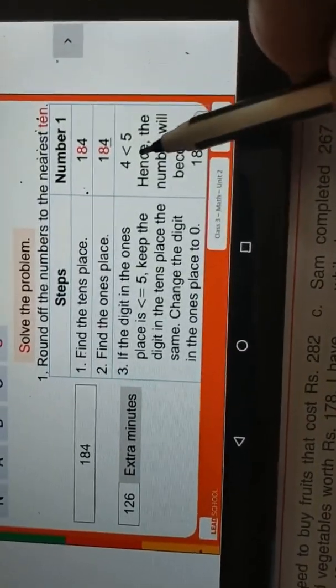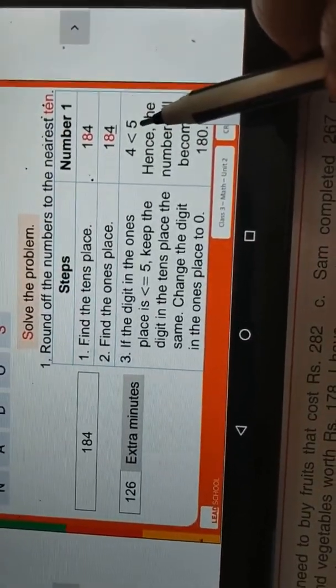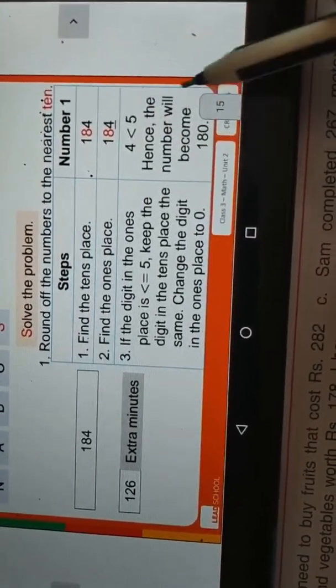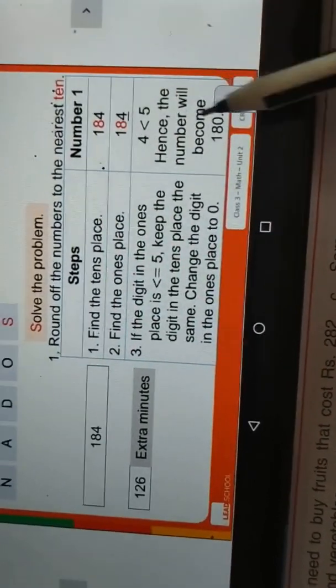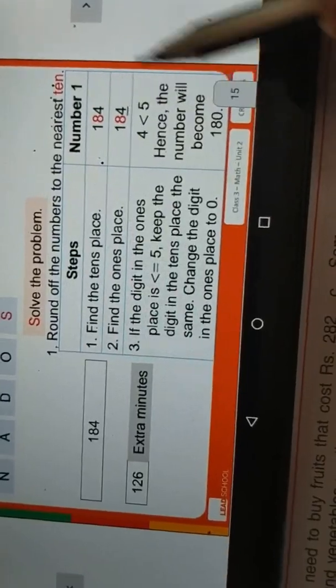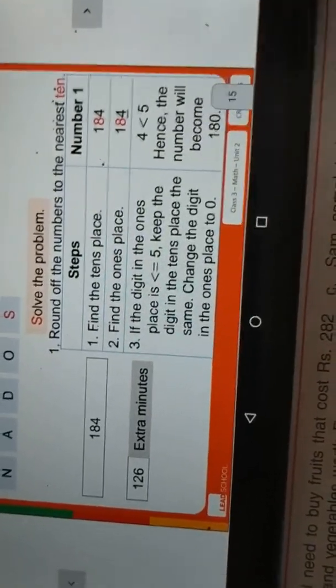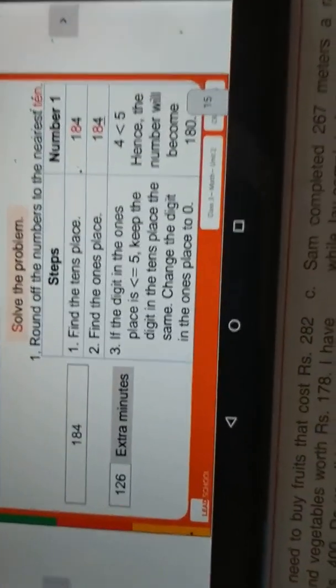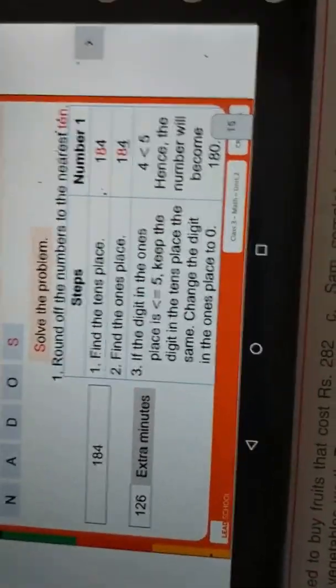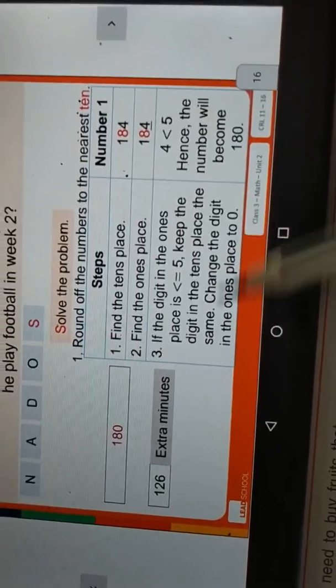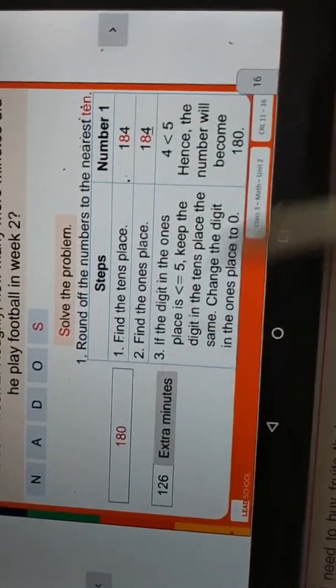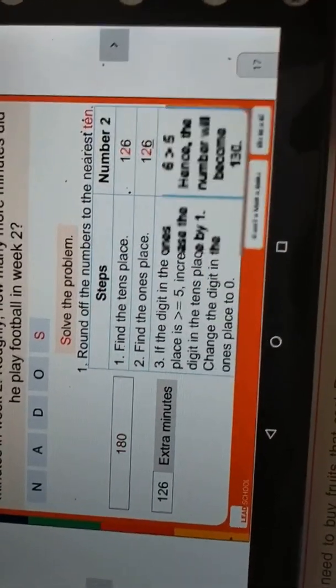Now अभी देखो 4 is less than 5, right? Hence the number will become 180. या हम यहाँ पे क्या करेंगे, वो जो नंबर है उसको 0 में कन्वर्ट करेंगे. So that number is 180, right? So the extra is 180.